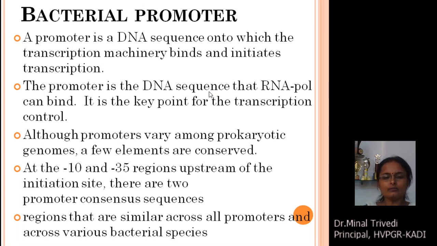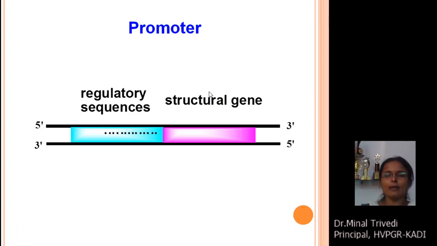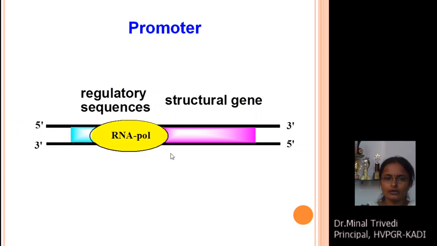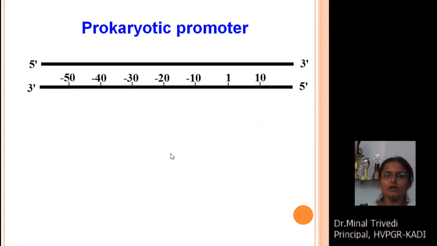So the bacterial promoter consists of two sequences at the -10 region and the -35 region. These are the two important consensus sequences present in the bacterial promoter. You can see over here, this is the structural gene, and upstream to the structural gene there is a promoter region to which RNA polymerase binds and initiates transcription.